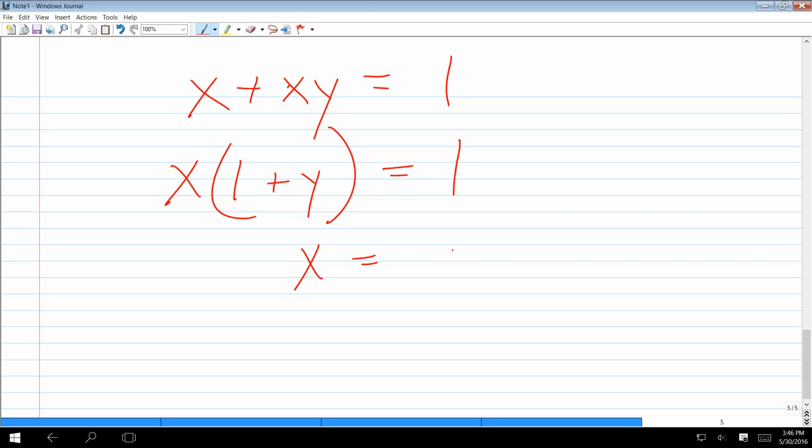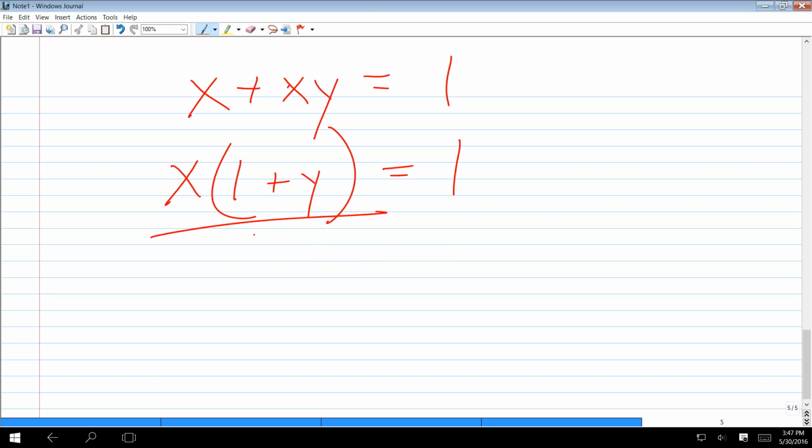To solve for x? Divide by 1 plus y. In other words, when I'm trying to solve for x, I got to get rid of everything that's attached to the x. Well, I have a multiplier of the x. It's 1 plus y.